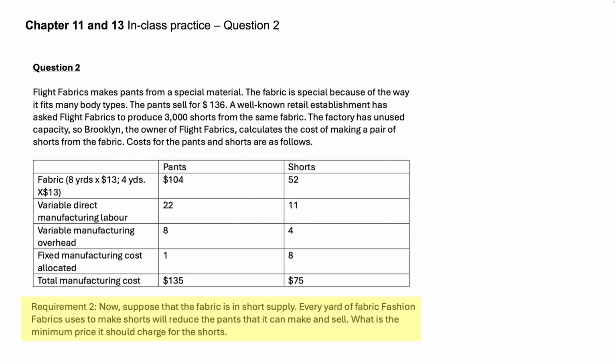Because we manufacture the shorts, we are not able to make the pants, therefore we are losing the contribution margin. So we want to figure out how much contribution margin has been lost, and then spread that loss over 3,000 shorts to figure out the opportunity cost per short. And we add that amount to $67. That's going to be the new minimum price.